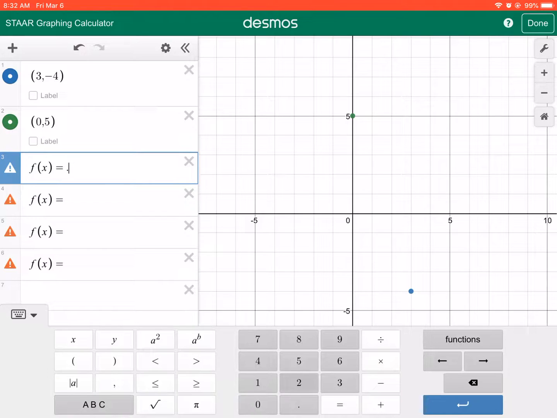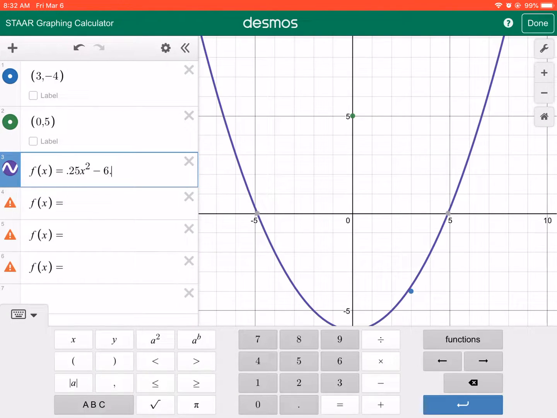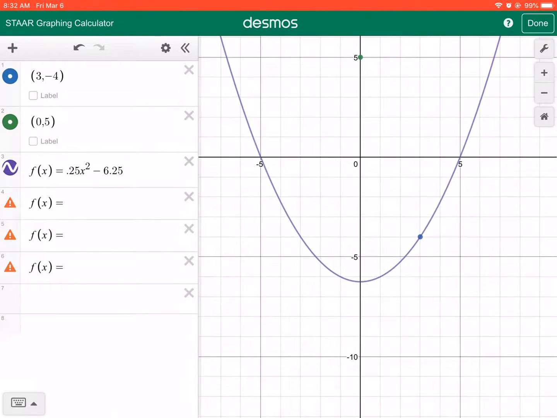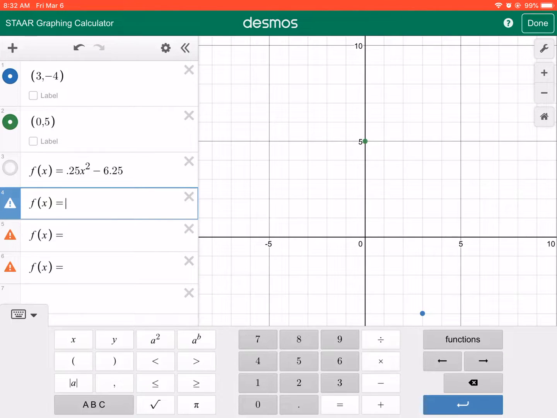So we have 0.25x squared minus 6.25. And again, if you're relying on Desmos, make sure you're typing in the correct things. All right, so my vertex point does not have a parabola on it, so that one's not right. So I'm going to hide it and type in my next one.